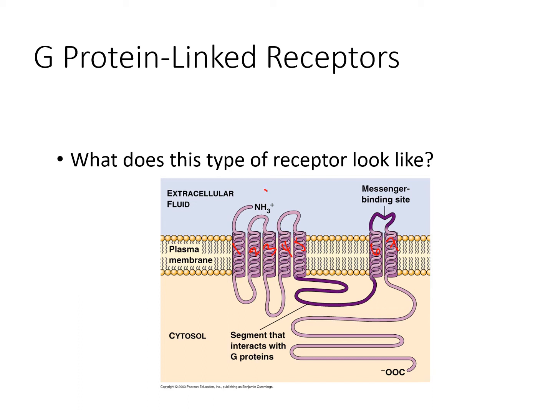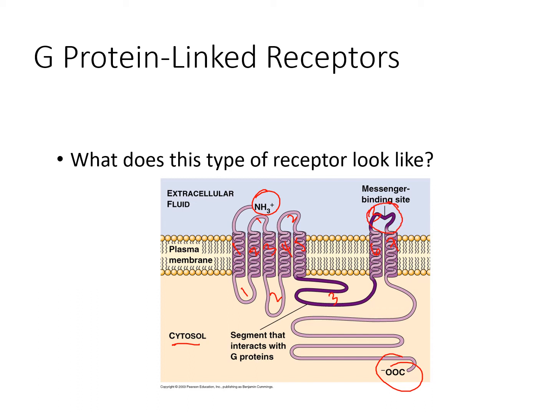It has the N terminal at the extracellular surface and the C terminal in the cytosol. They have 3 extracellular loops and 3 intracellular or cytosolic loops.